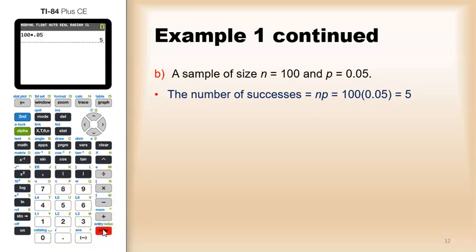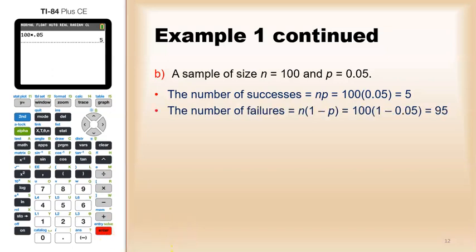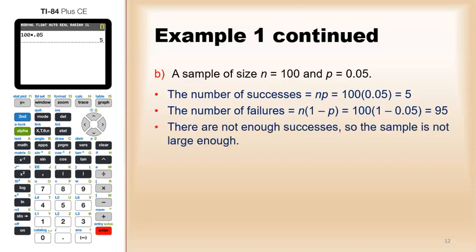And right away we know that we don't have enough successes here. The number of failures, on the other hand, 100 times 1 minus 0.05, comes out to be 95. We definitely have enough failures, but overall there are not enough successes, so we're not going to be able to use the central limit theorem. We're not going to be able to use the normal distribution.